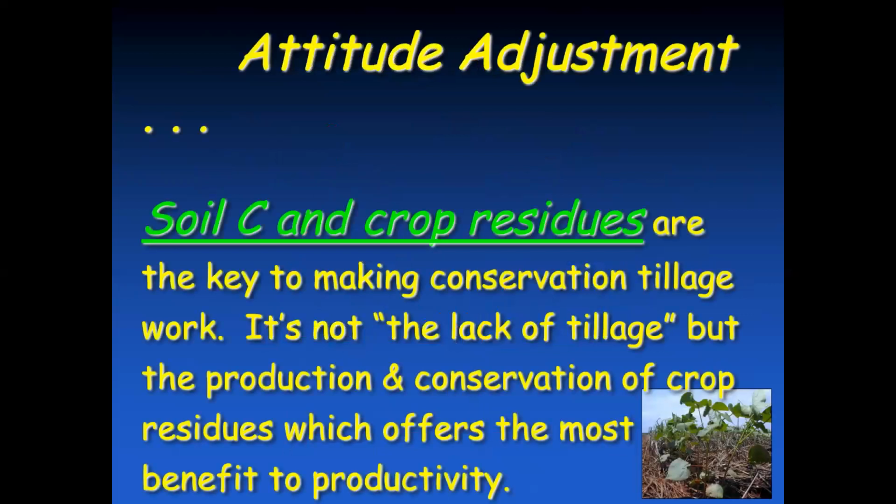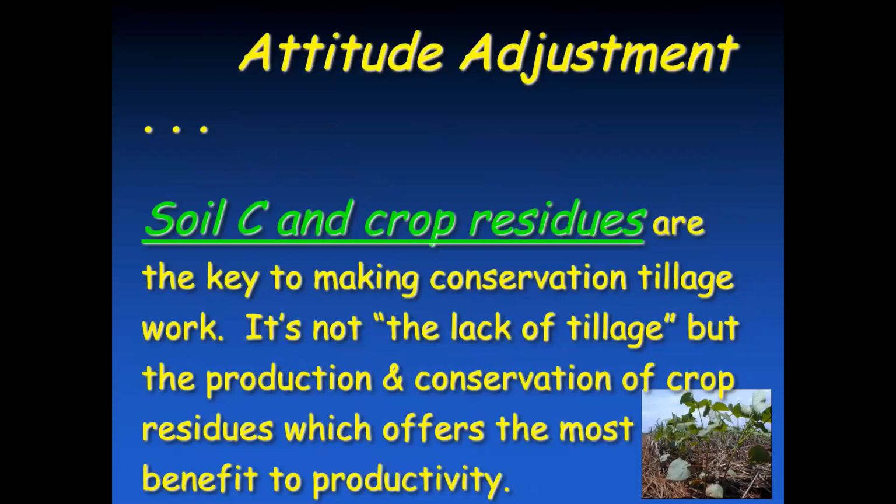This is a quote from Dr. Wayne Reeves, who was here a few years ago, that soil carbon and crop residues are really the key to making conservation tillage work. It's not really the lack of tillage or no tillage, but the production and conservation of crop residues that offers the most benefit to productivity.